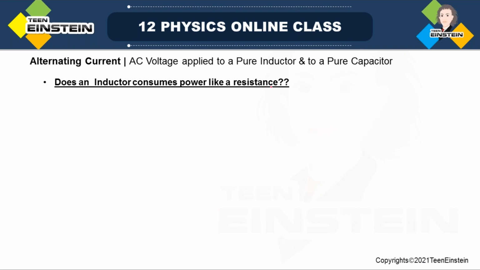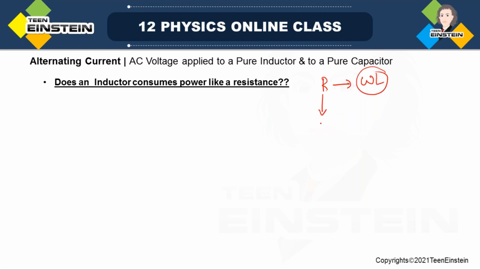Now look, we had already asked a question. An inductive circuit has a quantity equivalent to resistance, that is omega L, the inductive reactance, which is equivalent to resistance in a pure resistive circuit.